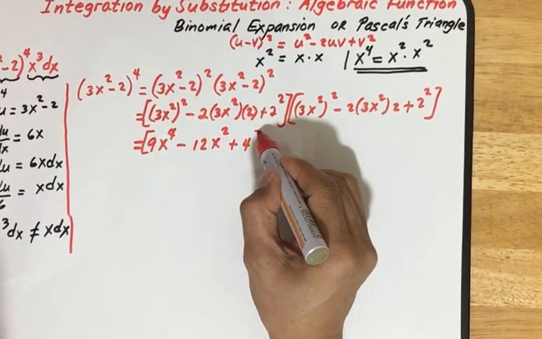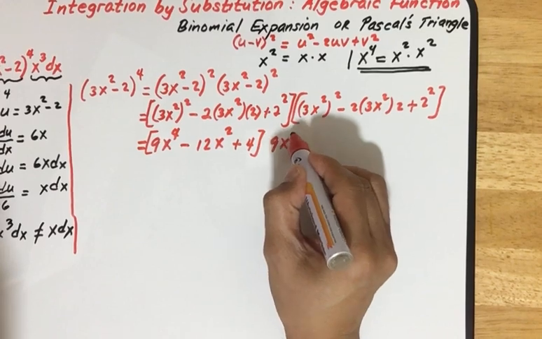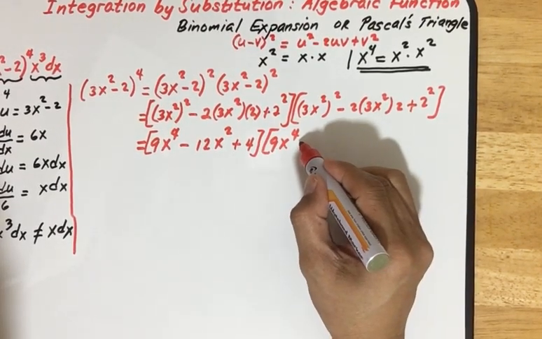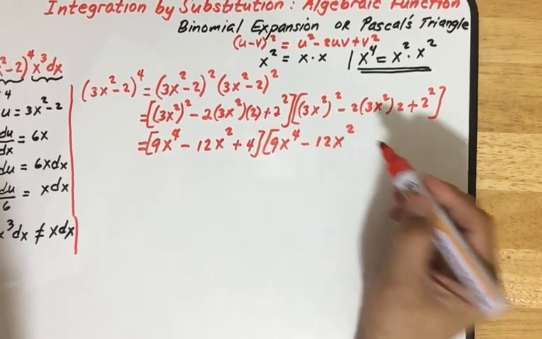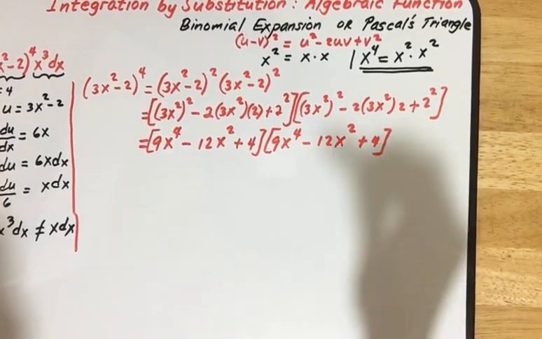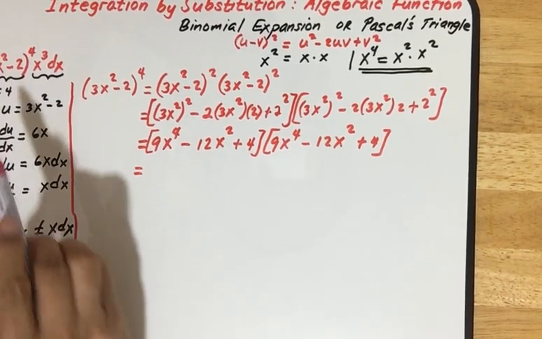So since they're just the same, you may just copy this. This is 9x to the 4th, then minus 12x squared, then plus 4. So in other words, class, we're just expanding, no?